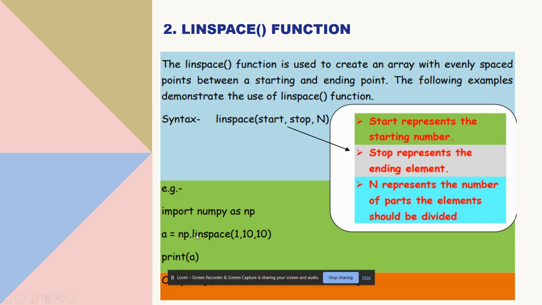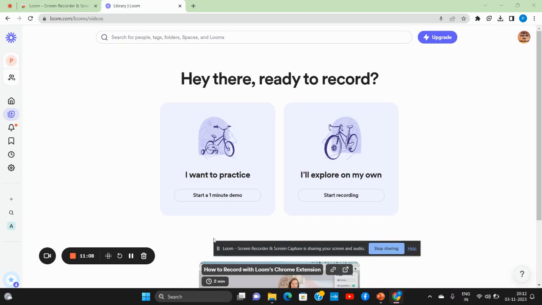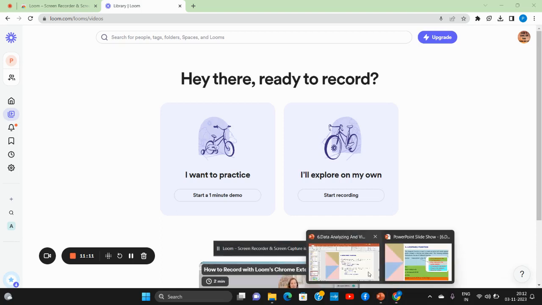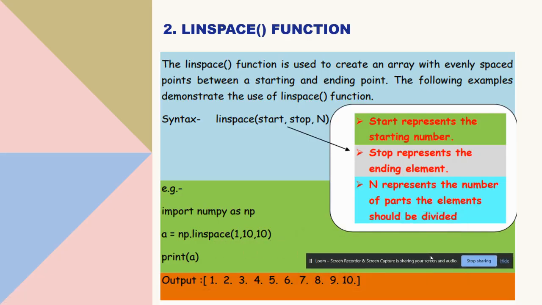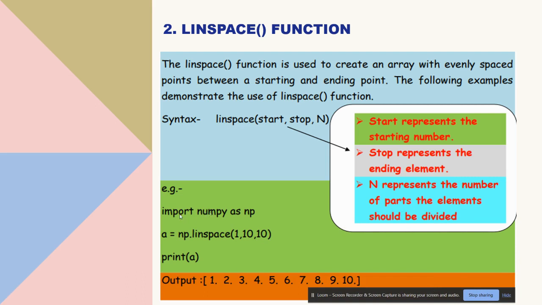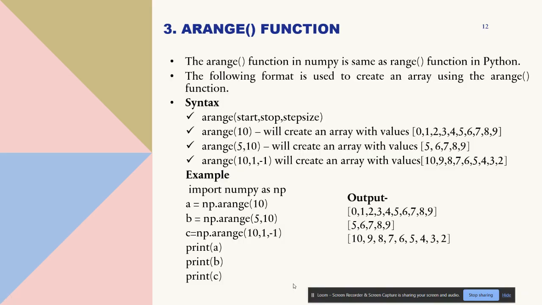So in this example, np a is equal to np dot linspace, with 1, 10, and 10. So start from 1, stop is 10, and the number of elements is also 10. So 1 to 10 with ten elements. Okay, this is linspace.